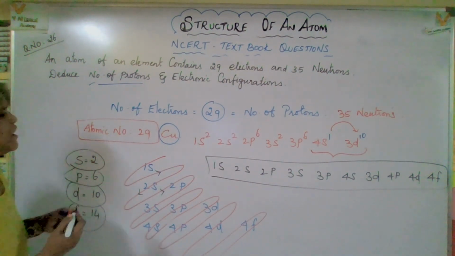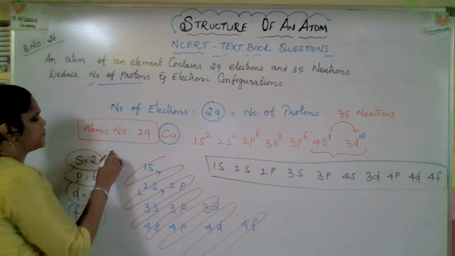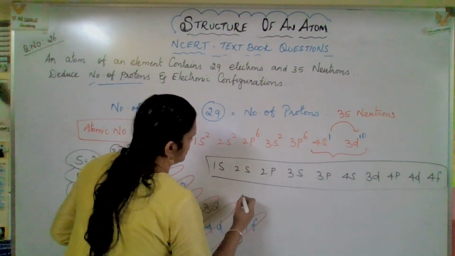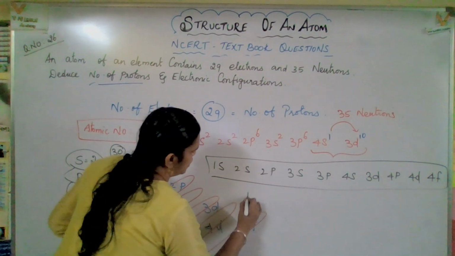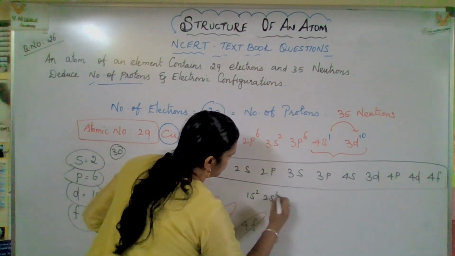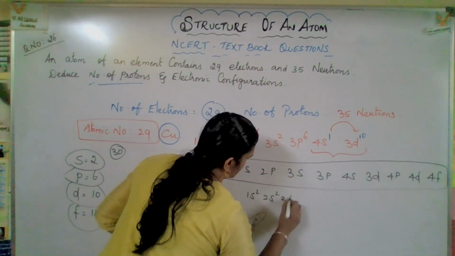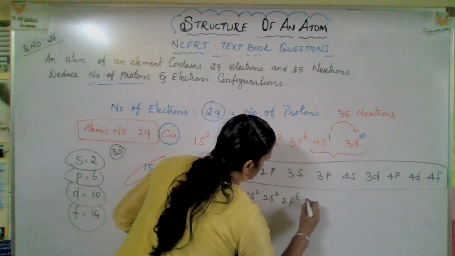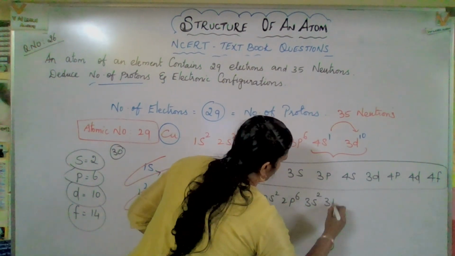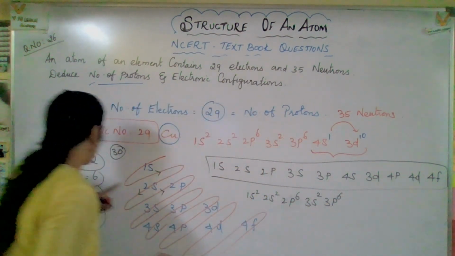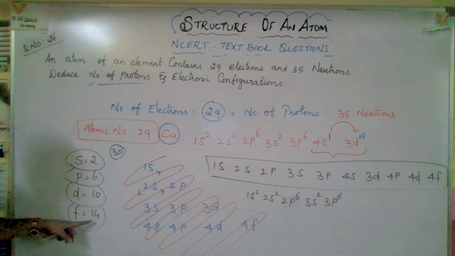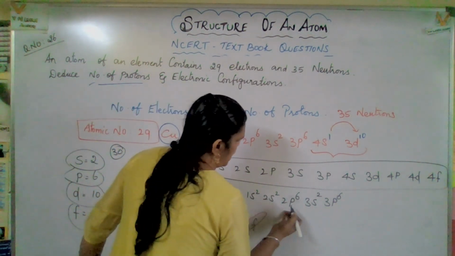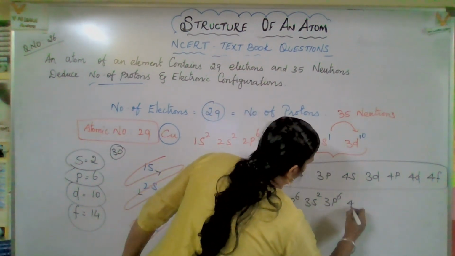Now for example, atomic number 30. How to fill? Atomic number 30, what is it? Zinc. How to fill? 1s2, 2s2, 2p6, 3s2, 3p6. See, as I mentioned, the maximum number of electrons that can be filled in that orbital. So here 10, 3p6, 4s2.